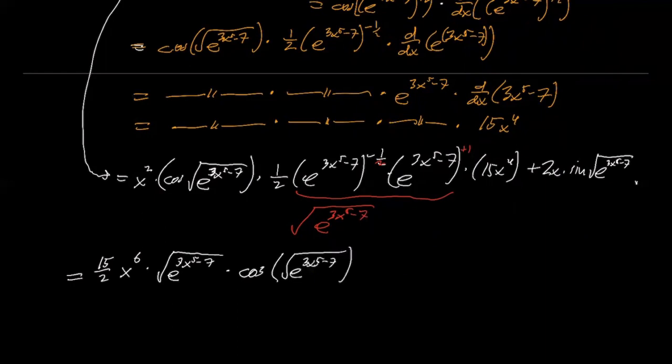I think that takes all those terms into account. Plus 2x times sine of the square root of e to the 3x to the 5th minus 7.